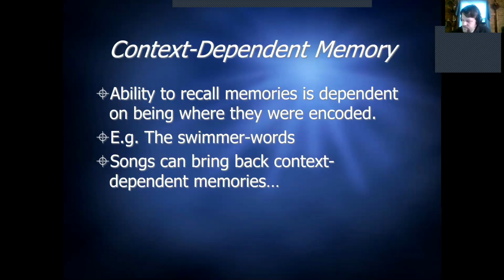All right, context-dependent memory. So your ability to recall memories is dependent on being where they were encoded. So you are more likely to remember things if you are physically located where you memorized them in the first place.